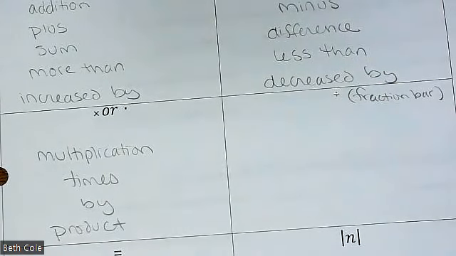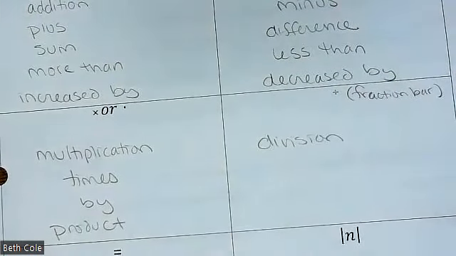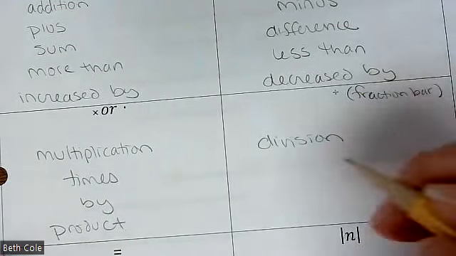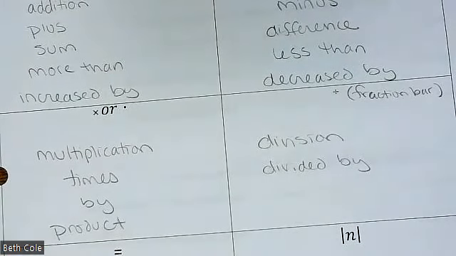So the fraction bar means that as well. Fractions scare people but it is just one number divided by another number. That's all that it is. Okay, so this is division. And I guess you could also say divided by. That kind of sounds the same as division to me, but divided by.